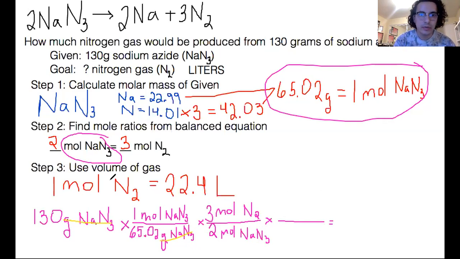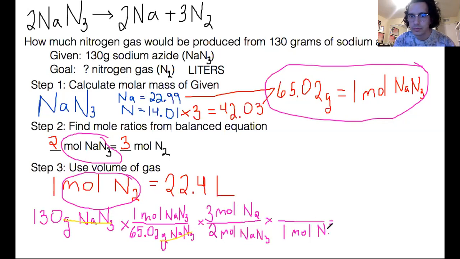The third one is 1 mole of N2 produces 22.4 liters. So mole of N2 is on top. So we want this at the bottom. 1 mole N2 will give us 22.4 liters of N2.